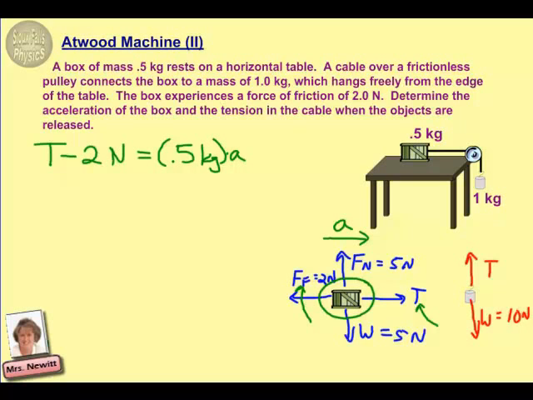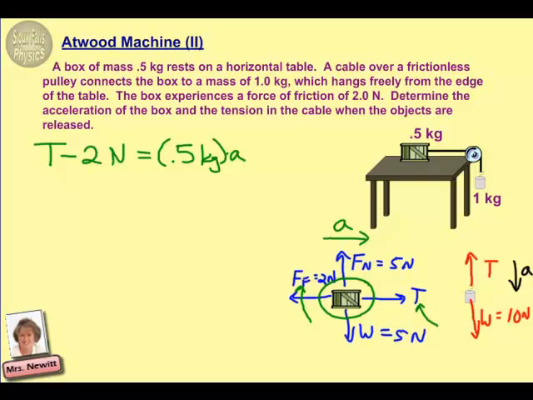Our second object will also have an equation written for it. Again, before we write that down, our equation is basically writing the net force. In this case, if the object is falling, it should have a downwards acceleration, which means that the weight needs to be greater than tension.